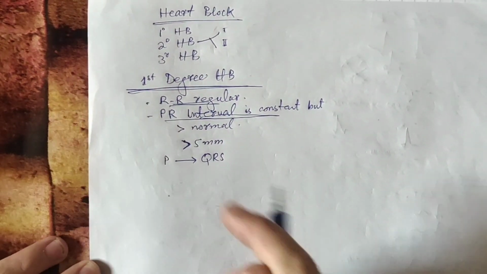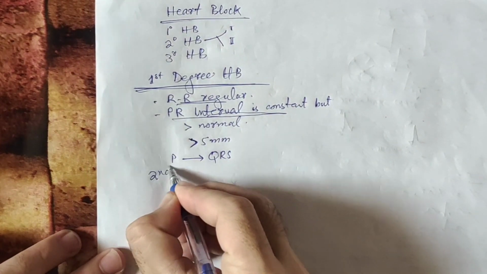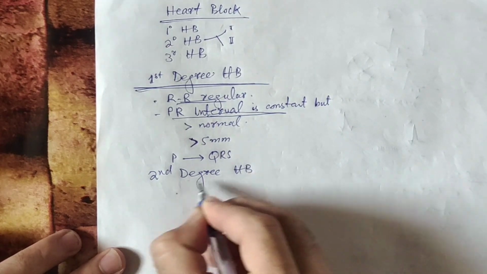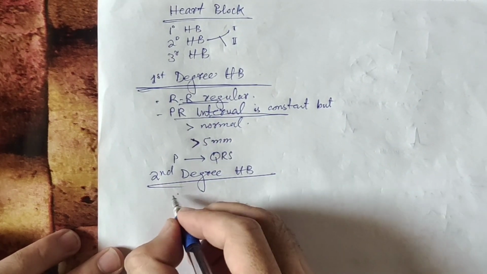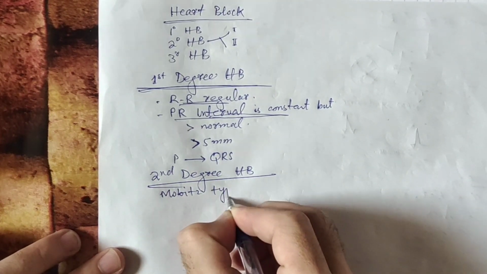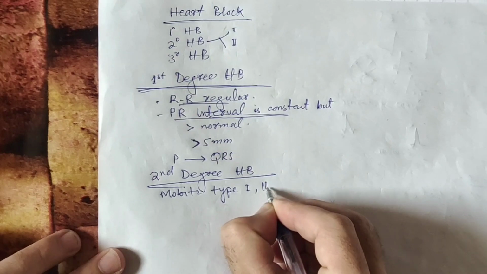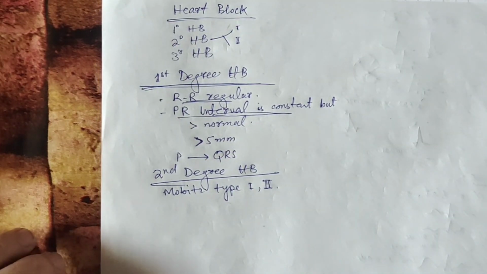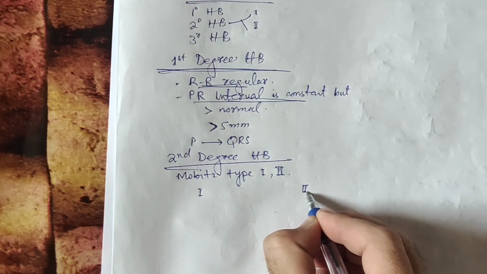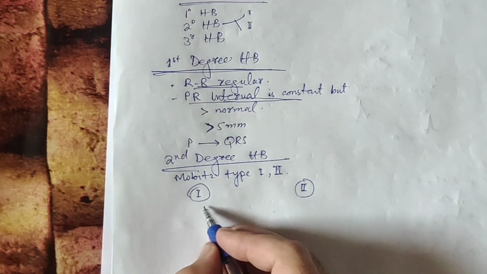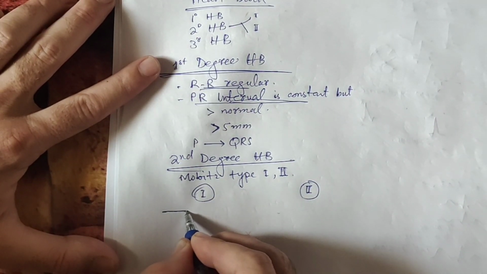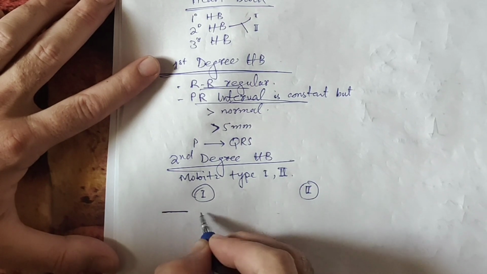Now we move toward second degree heart block. We have two types: Mobitz type 1 and Mobitz type 2. In type 1 there is progressive lengthening of the PR interval followed by a QRS drop.